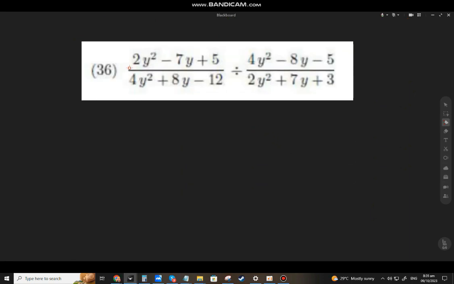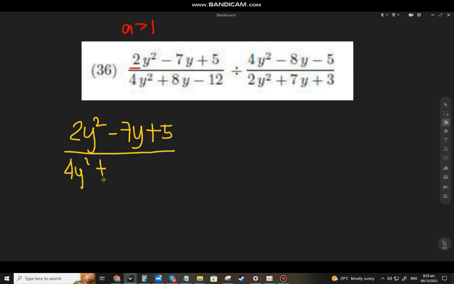As you can see here, the trinomial has a greater than 1. We're going to do some techniques for how to do it. But let's rewrite them first. 2y squared minus 7y plus 5 over 4y squared. Actually, I will rewrite the colors, and I'll tell you the reason later.